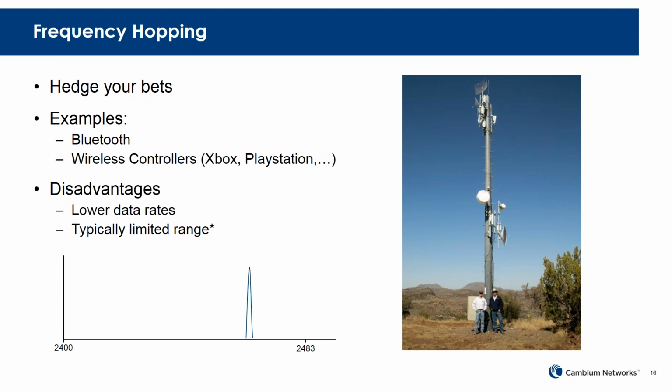And typically, you'll see a limited range. I put a star by this one because it's not necessarily limited range. In fact, they have some 900 megahertz meter reading type of radios that actually have great range. But typically when you see frequency hopping, especially with things like Bluetooth, you will see limited range.